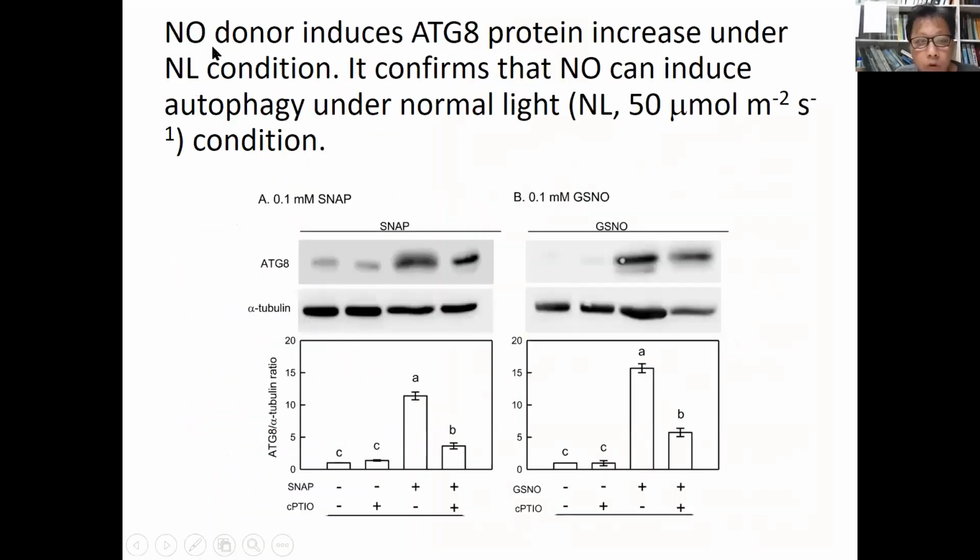Okay, we also found that the NO donor can induce ATG protein increase under normal light condition. This confirms that NO can induce autophagy under normal light, not necessarily under the high light condition. So the NO alone can induce the autophagy.